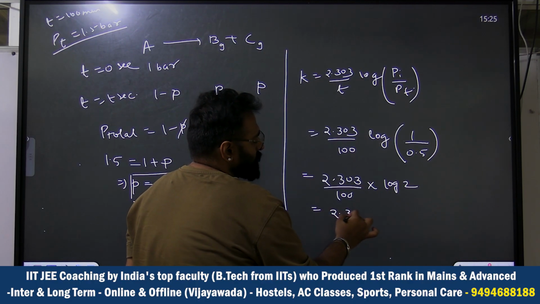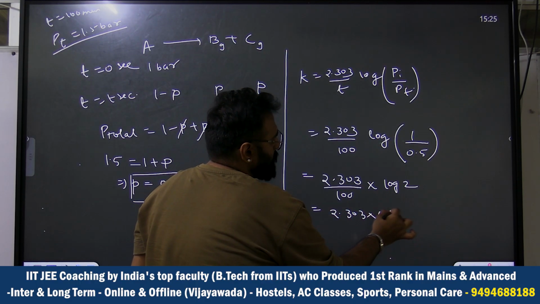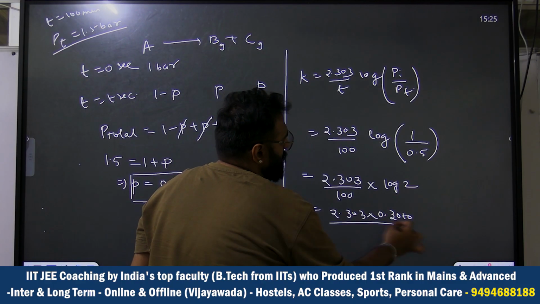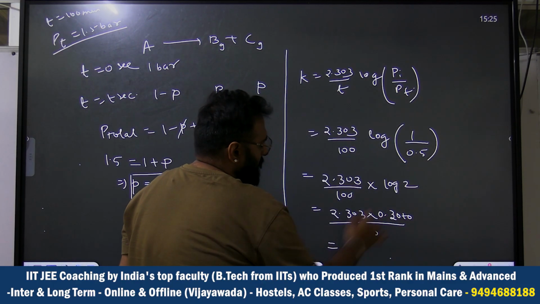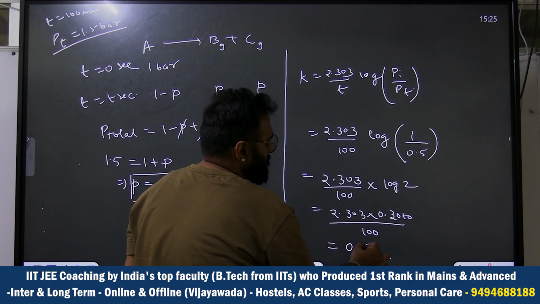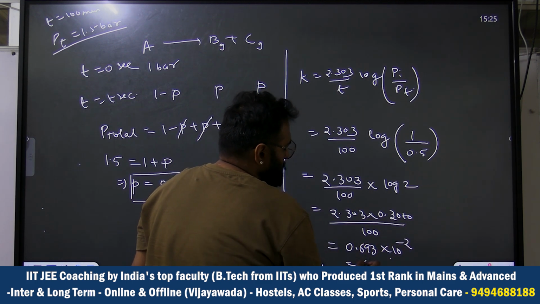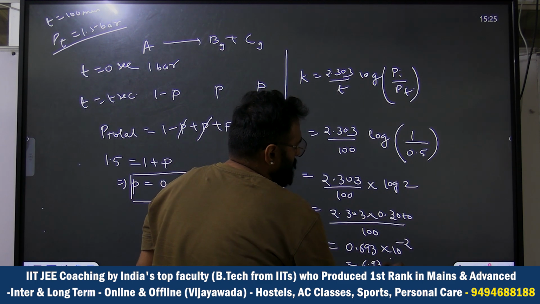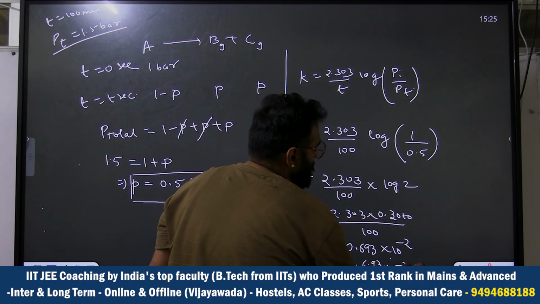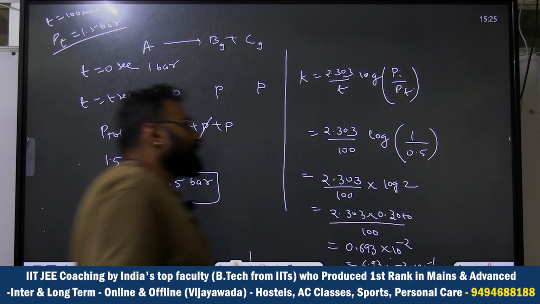Log 2 is how much? Log 2 is 0.3010, divided by 100. So I can write this as 0.693 into 10 to the power minus 2, that is 6.93 into 10 to the power minus 3 per second.